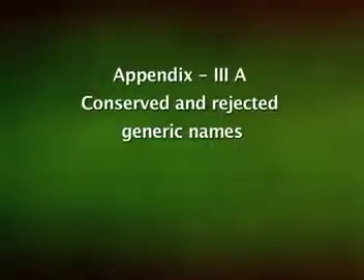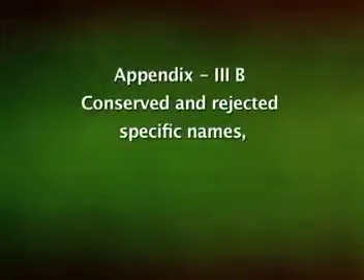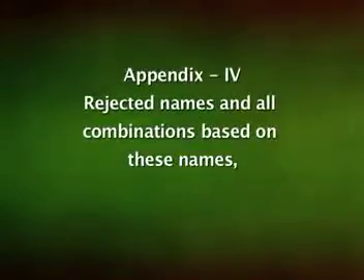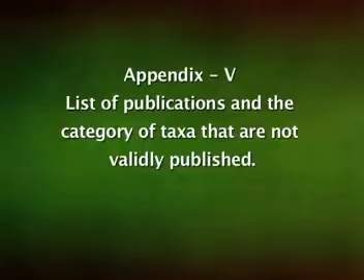Appendix 3A, conserved and rejected generic names. Appendix 3B, conserved and rejected specific names. Appendix 4, rejected names and all combinations based on these names. And Appendix 5, list of publications and the category of taxa that are not validly published.